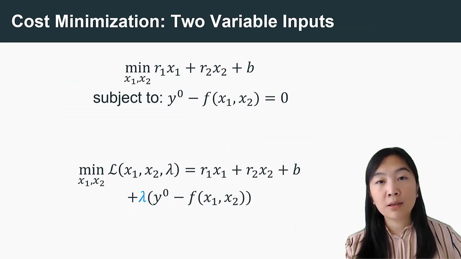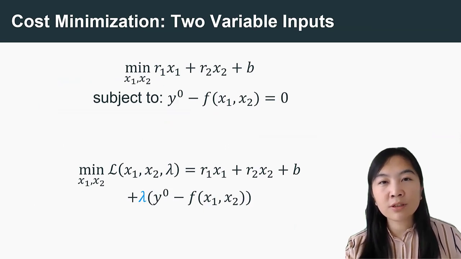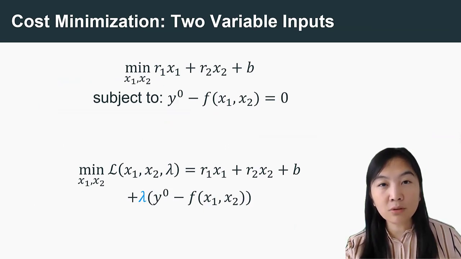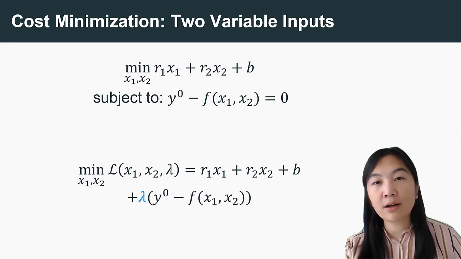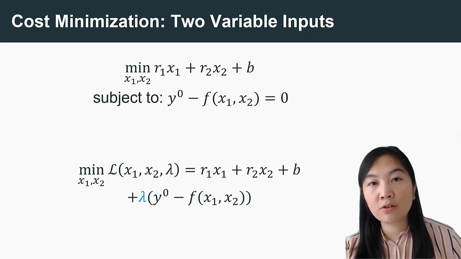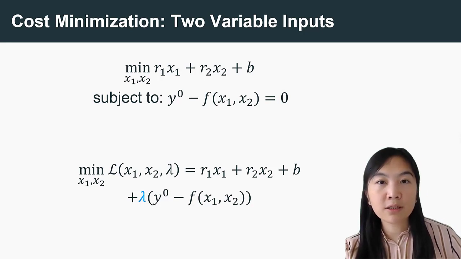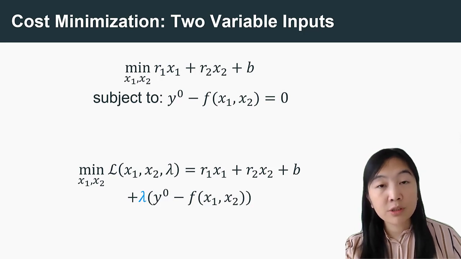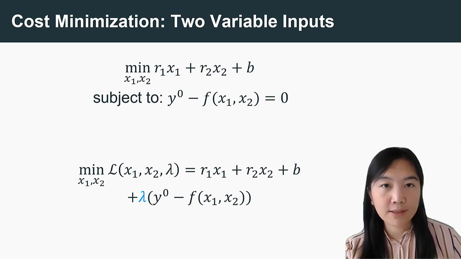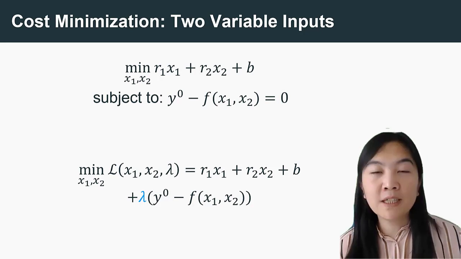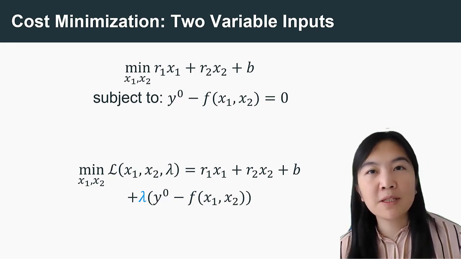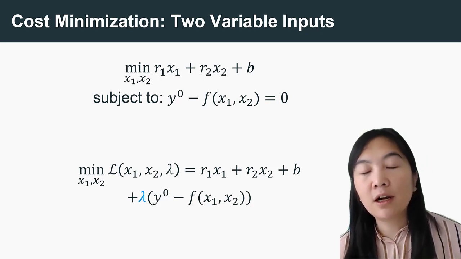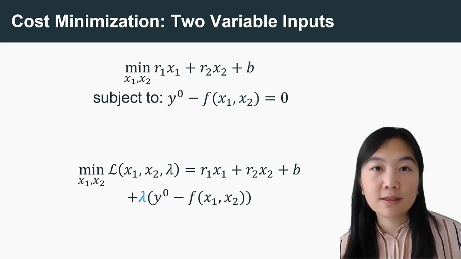You usually don't need to compute the Lagrangian multiplier. However, if I give you the Lagrangian multiplier value, you do need to know how to interpret that Lagrangian multiplier. Let's first formulate the cost minimization problem here for the two variable input case.